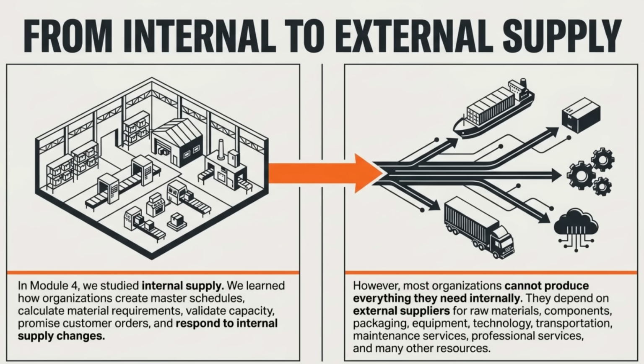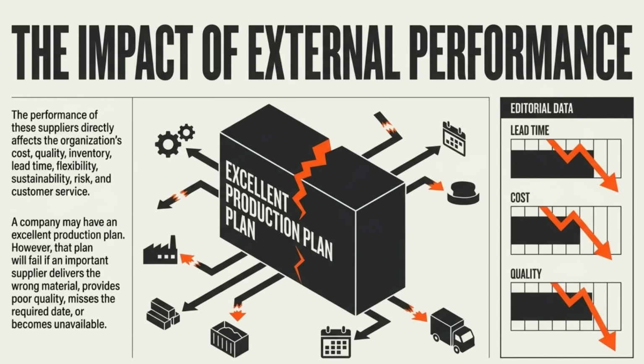They depend on external suppliers for raw materials, components, packaging, equipment, technology, transportation, maintenance services, professional services, and many other resources. The performance of these suppliers directly affects the organization's cost, quality, inventory, lead time, flexibility, sustainability, risk, and customer service.